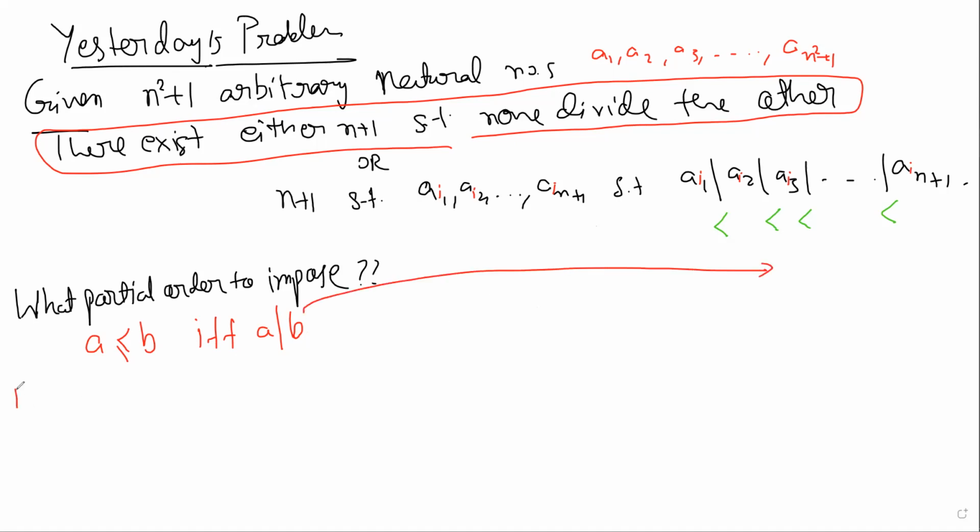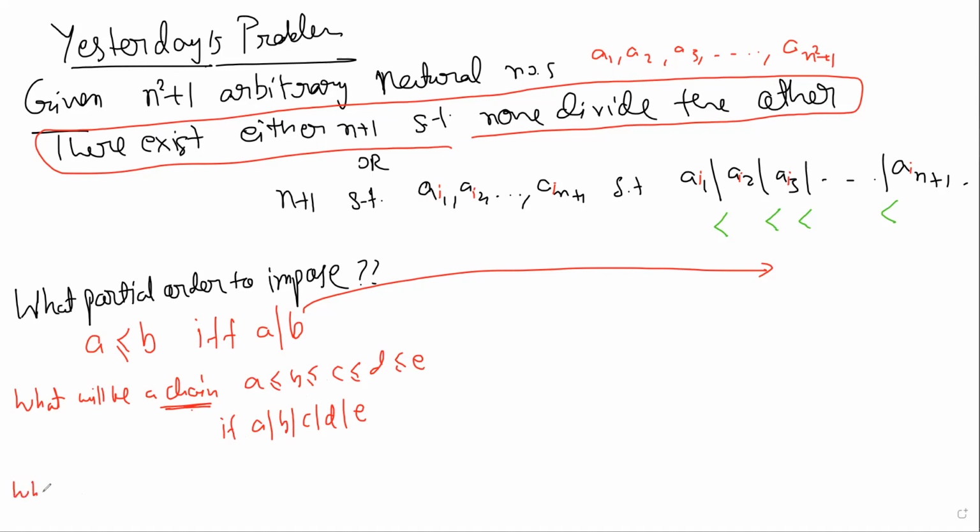So what will be the chains? Just divisibility. So if you have A, B, C, D, E, this is a chain, which means everything is related. By the very definition, it just means this. But more importantly, what will be an anti-chain?